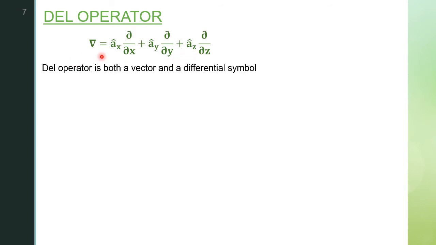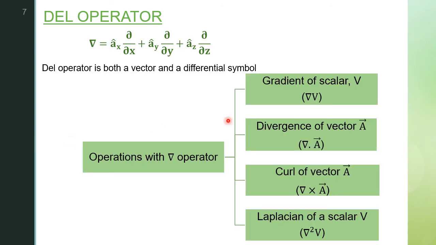This operator is a vector quantity as well as it is having the derivative along the three coordinates. This is a differential operator which is applied to the vectors. And using this del operator, we can do a number of operations. And these operations are, one is gradient of a scalar, one is divergence of a vector, curl of a vector, and Laplacian of a scalar.